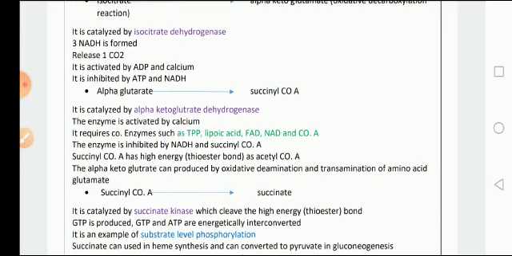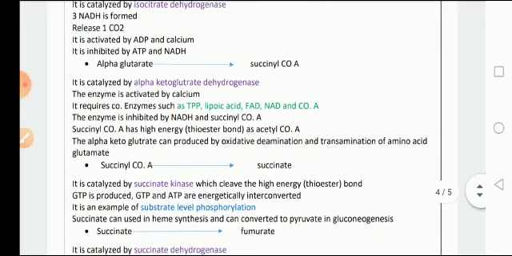Again, alpha ketoglutarate is going to be converted to something known as succinyl-CoA. This reaction is catalyzed by alpha ketoglutarate dehydrogenase. This enzyme is activated by calcium.